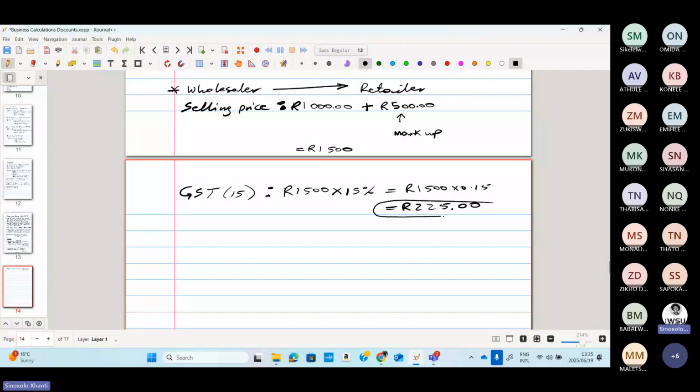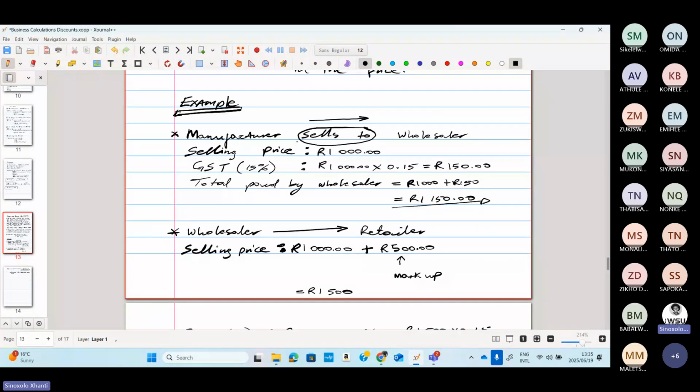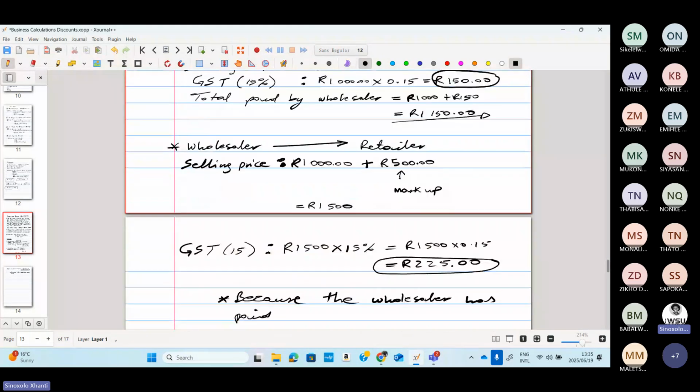So let me write here. Because the wholesaler has paid, if you look here, when this wholesaler was buying from the manufacturer, they also paid this 150. They already paid 150. So what is going to happen here?